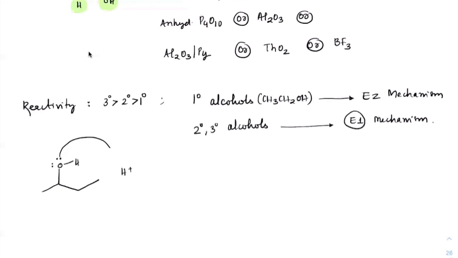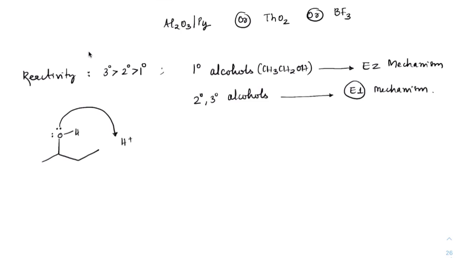The point is the lone pair will definitely attack the proton here. As it attacks, it will form this ion. O, H was already there, one more H has come with a positive charge, and it has one lone pair also. This is called oxonium ion.